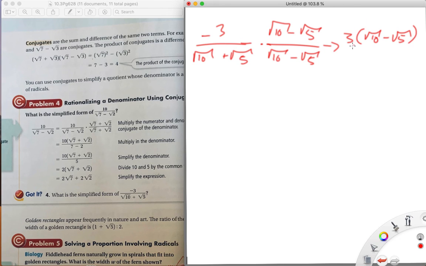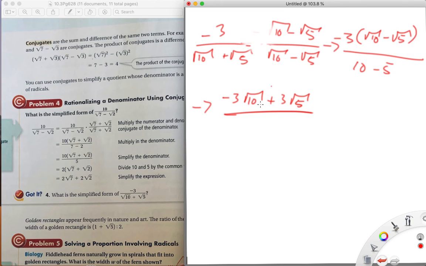We know that the denominator is already, this is a minus sign. 10 minus 5. Right, the radicals go away, you're just left with the numbers. So using the distributive property, it's going to be negative 3 times root 10 plus 3 root 5 over 5. Can I simplify this any further? I think I cannot. So I'm done.